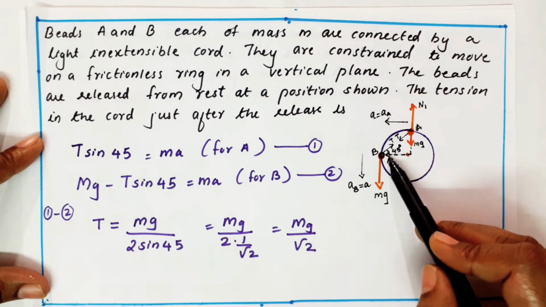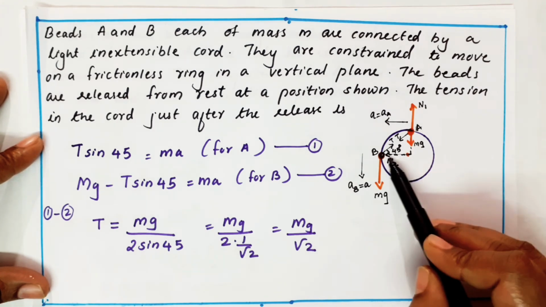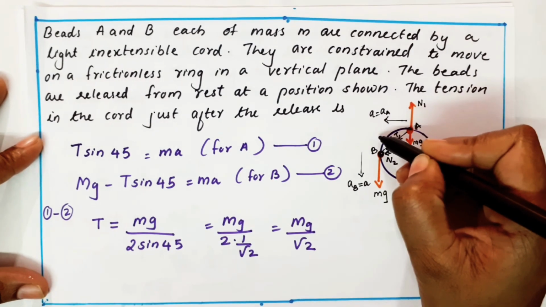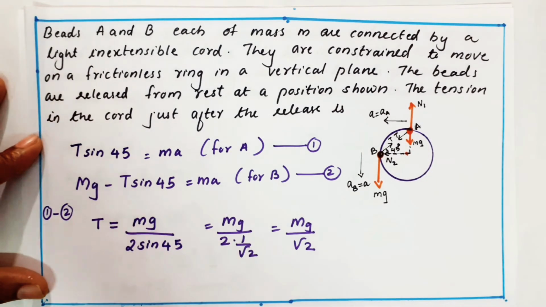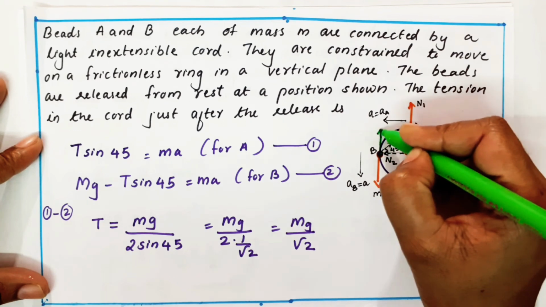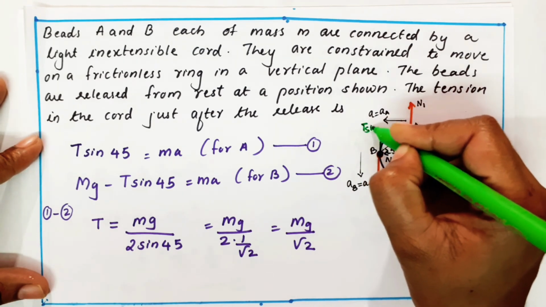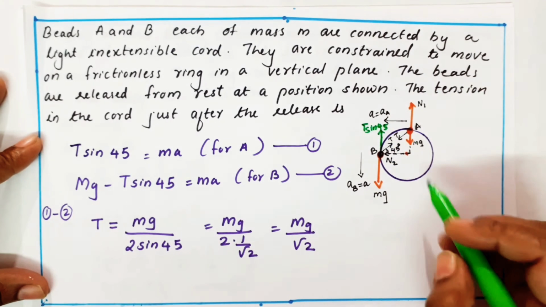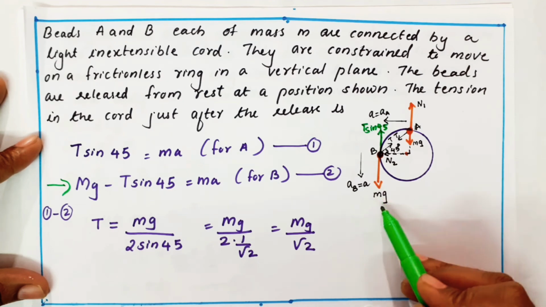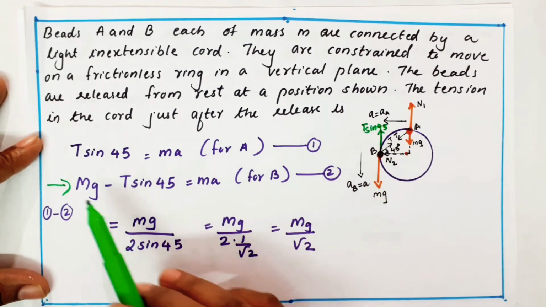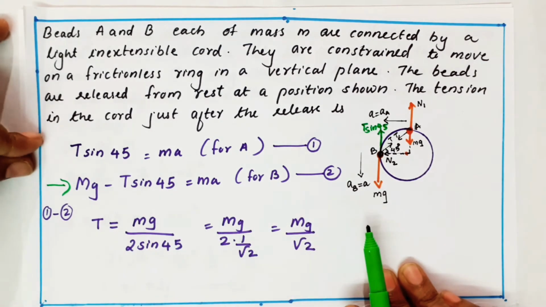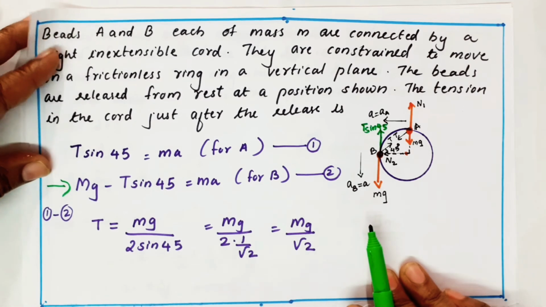This tension I am resolving into two components, so this is T sine 45. That is the reason I have written this equation. mg is down but the body is still coming down, which means mg is greater than T sine 45. So I wrote mg minus T sine 45 is ma, that is the acceleration of the body B.